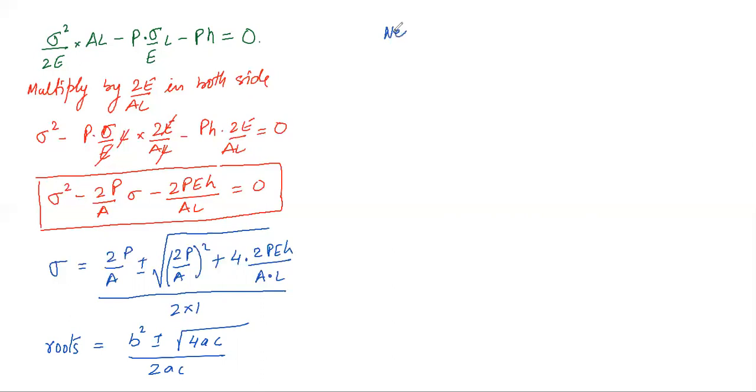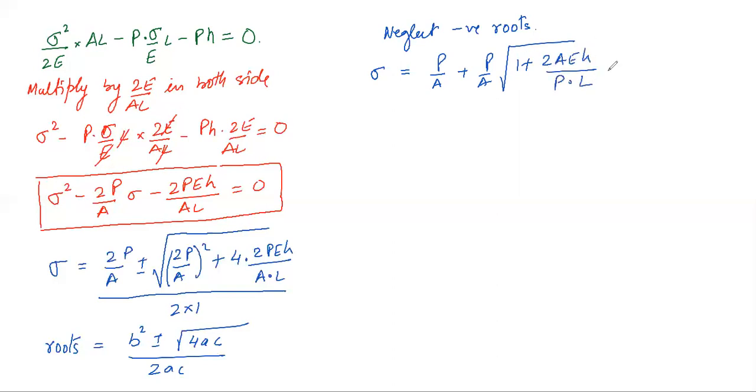So simply we neglect the negative root, and we write sigma as P by A plus P by A under root of 1 plus 2AEH upon PL.